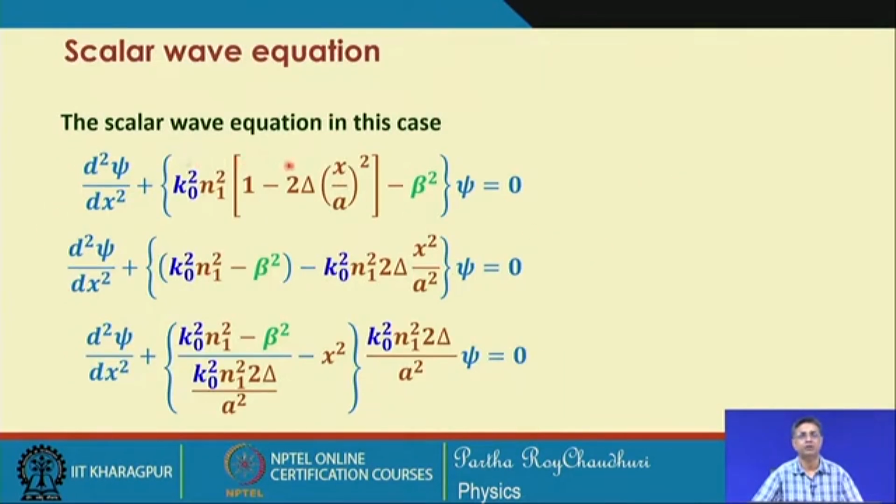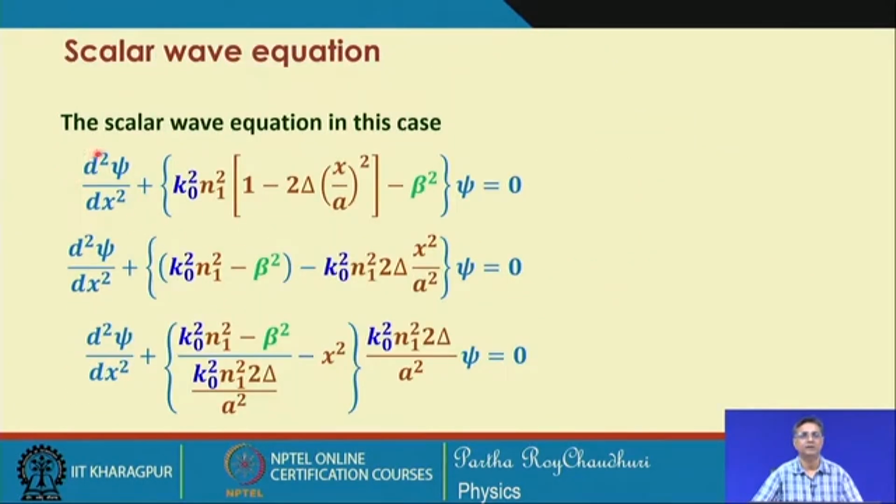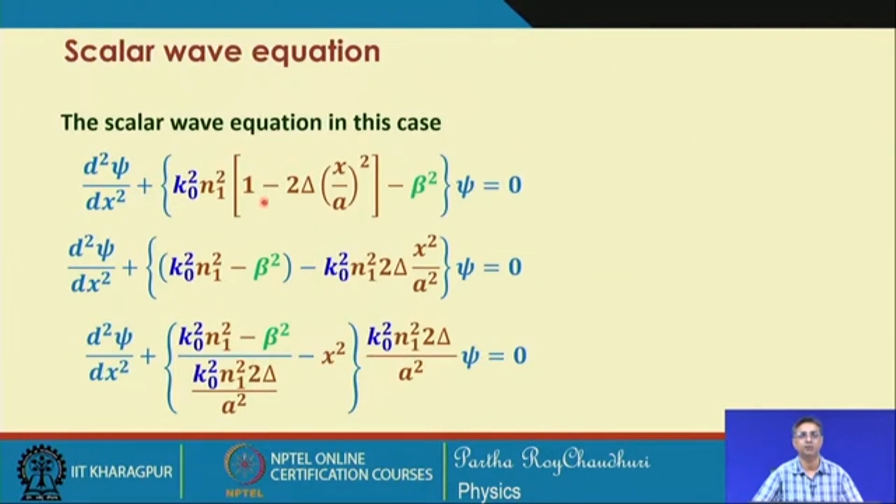Therefore, the scalar wave equation that represents the wave travelling through this structure can be given by this equation, del square psi by del x square. This is a one dimensional wave equation, and we have replaced the refractive index profile n square of x by this quantity, n 1 square (1 minus 2 delta (x by a) square). So, this is the one expression for n square x, and we do not have two layers.